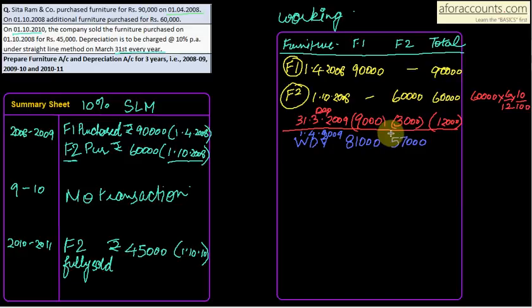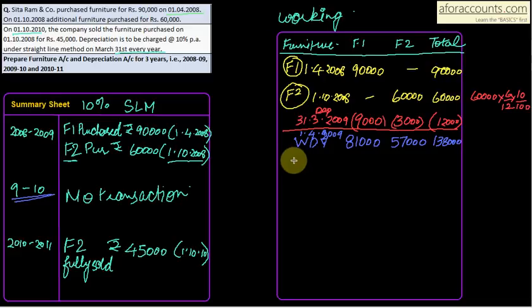And 81,000 plus 57,000 comes up to 1,38,000 in your total column. Do you have any purchase or sale during the year 9-10? No. So I will directly write the depreciation on straight line method. For depreciation, I am using the red color.